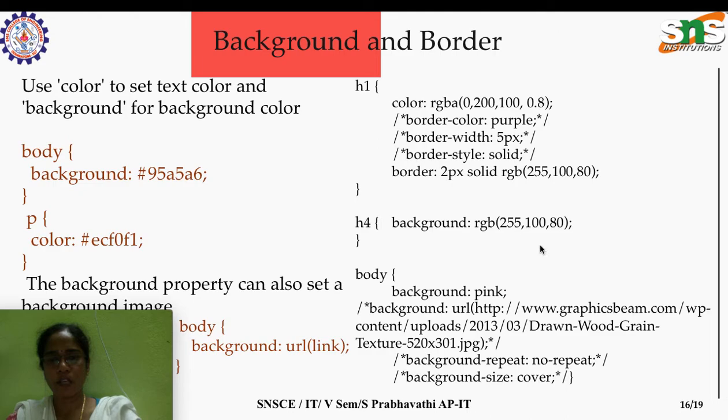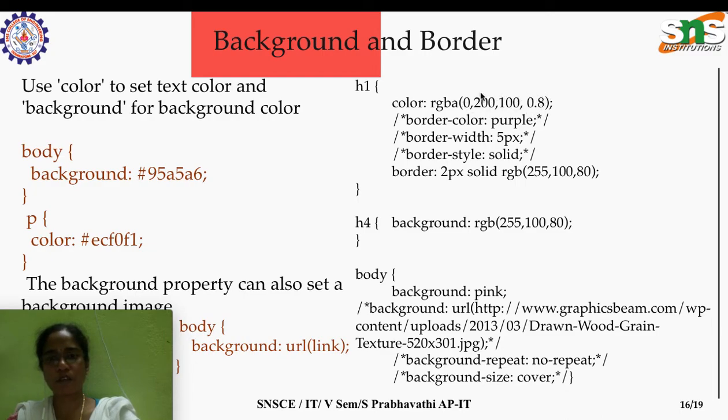And here are some other ways of giving colors. H1 color is equal to, the other way of giving the color, is rgba. A stands for alpha. Here 0.8 means its opacity, how strong or transparent the color is.